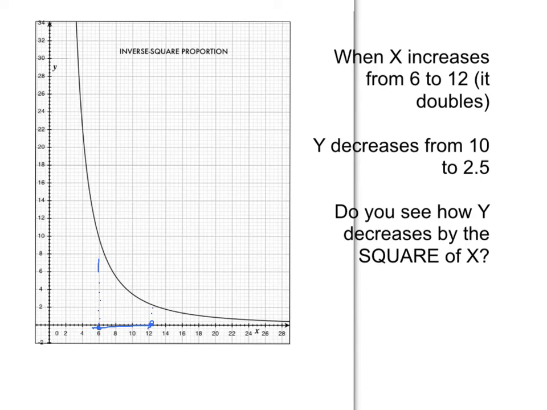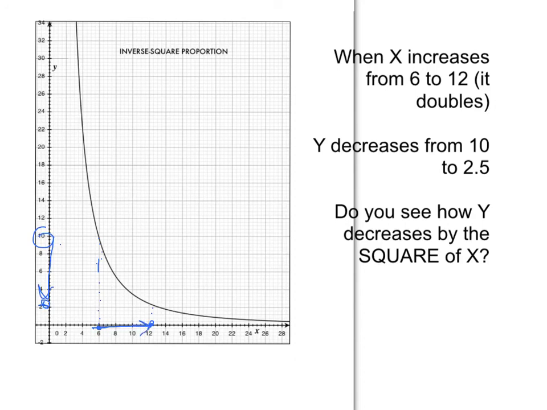Go ahead and pause the video and see if you can see that proportion. What you should see is that as you move from 6 to 12, you're moving from about 10 to about 2.5-ish as you go down.